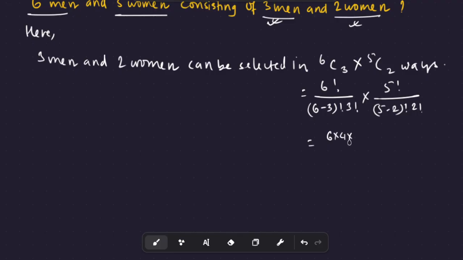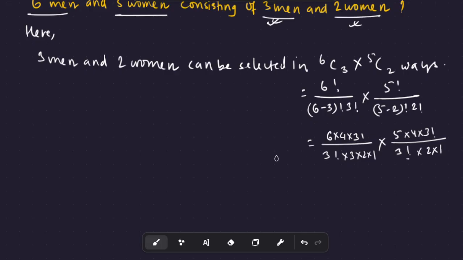That is 6 times 5 times 4 times 3 factorial divided by 3 factorial times 3 times 2 times 1, times 5 times 4 times 3 factorial over 3 factorial times 2 times 1.